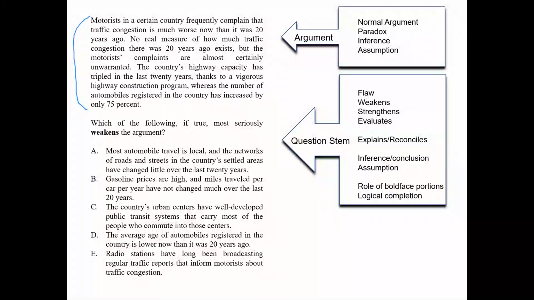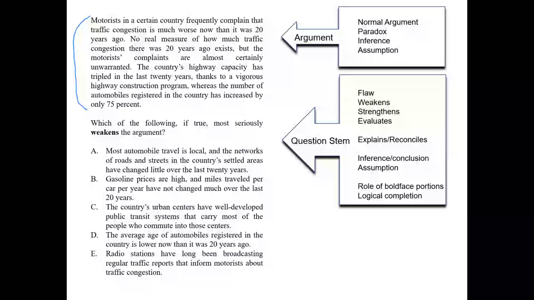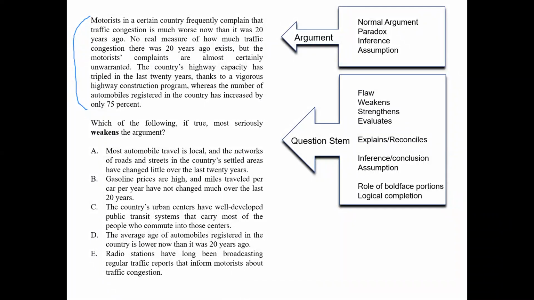No. Okay, is it that the complaints are unwarranted, and then there are facts to prove it? Right, exactly. So the conclusion of the argument is motorist complaints are unwarranted. That is a conclusion. Okay, got it.